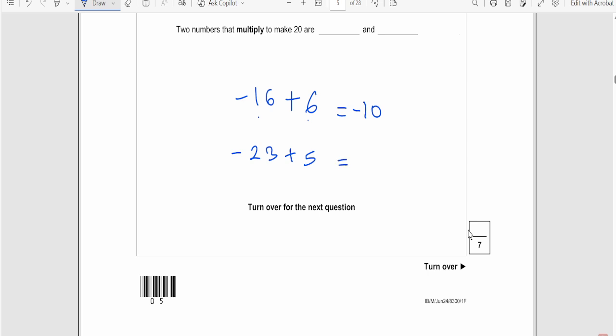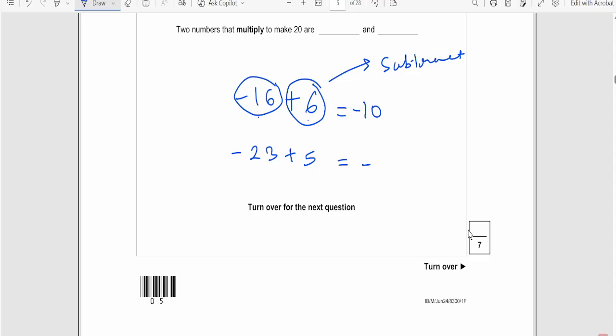How much is this? Would it be minus 28? No, we don't have to add them. As I told you, one number is negative, the other is positive, so we need to subtract them. When we are adding a negative and positive, we subtract. So 23 minus 5 is.